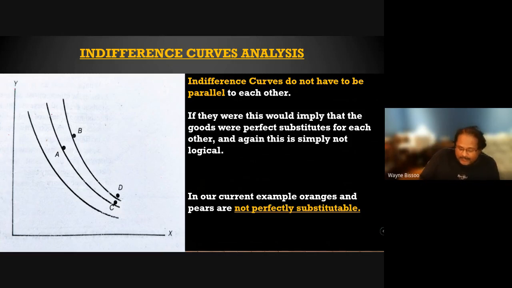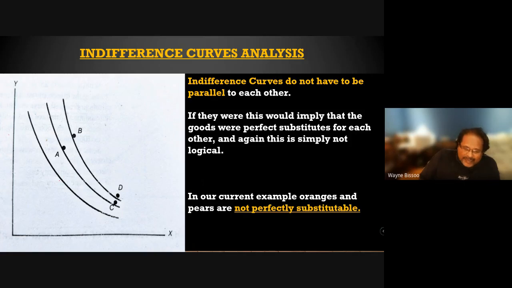And therefore, even if you had closer items, like if you went to a restaurant and were choosing between chicken and pork, they are not perfectly substitutable for each other. So that's why the diagrams that we're going to look at will put them in parallel structures, because of the ease of construction.